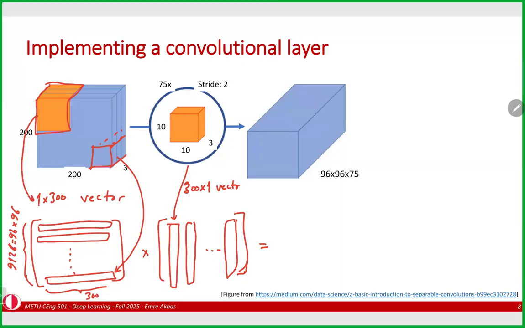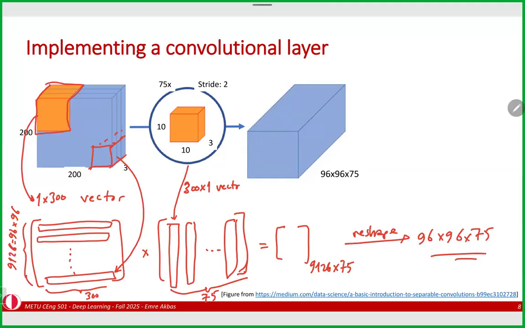There are 75 filters, so the number of columns is 75, the number of rows is 300, and at the end, I will get a matrix that has dimensions 9,126 by 75. And then I will reshape this to 96 times 96 times 75, and we are done.